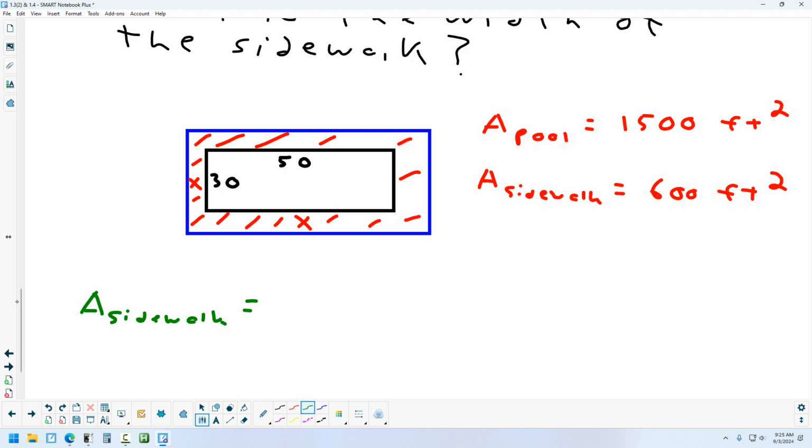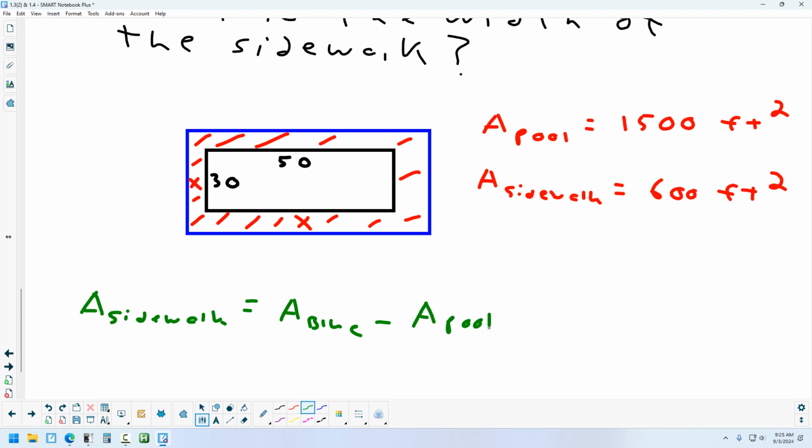Okay, you're on the right track. You could find the whole area of the blue, including the pool, minus the area of the pool, yes.